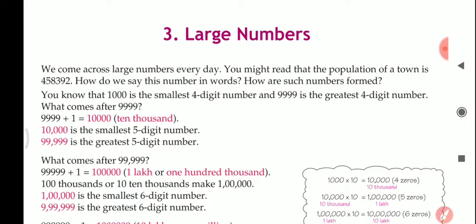How to form 5-digit and 6-digit numbers, how to write them in expanded form, and how to place 5-digit, 6-digit, 7-digit numbers and so on in the place value chart. Okay, so let us discuss.